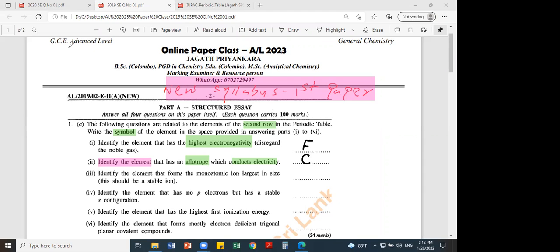Then part 3. Identify the element that forms a monoatomic ion largest in size. Okay. Number 3. Can you quickly post the answer? Monoatomic ion largest in size.